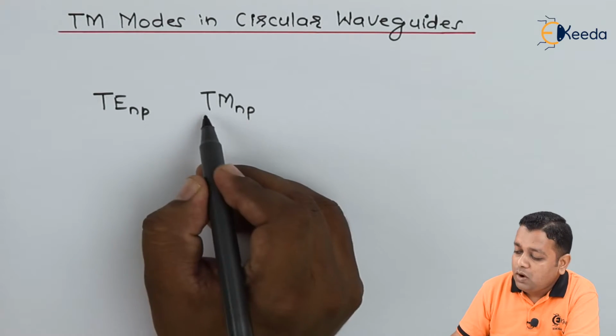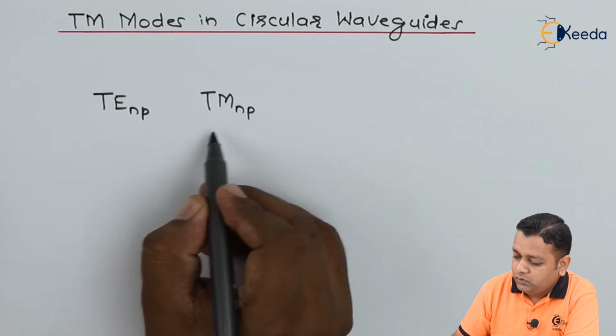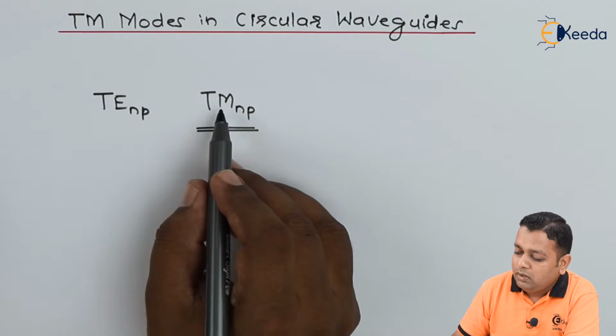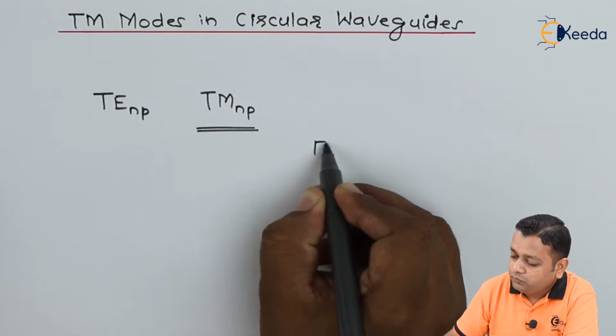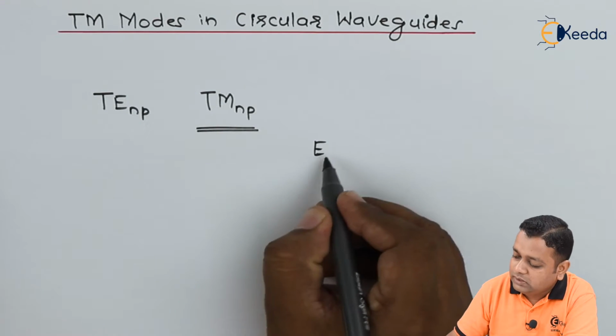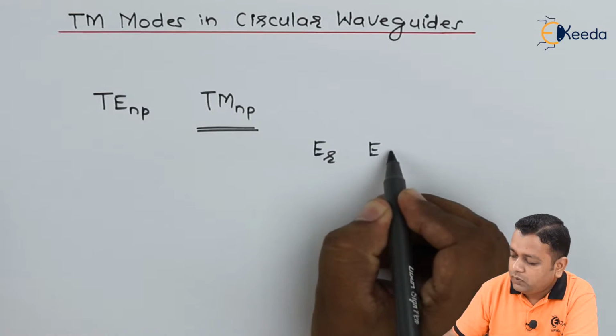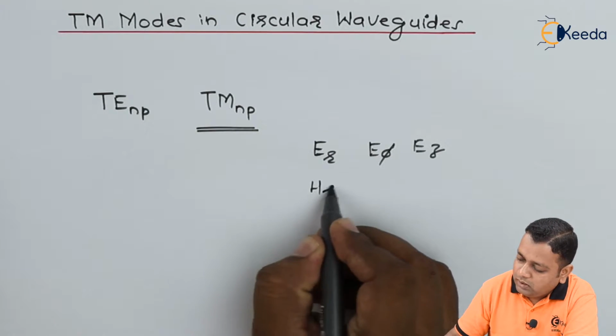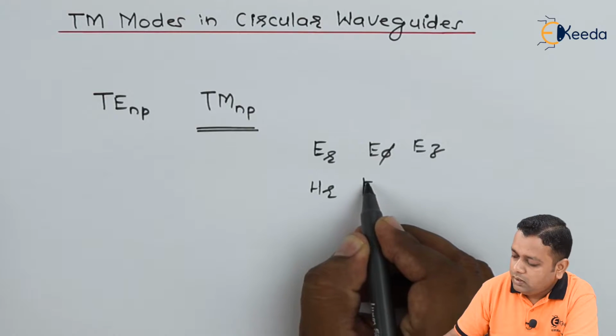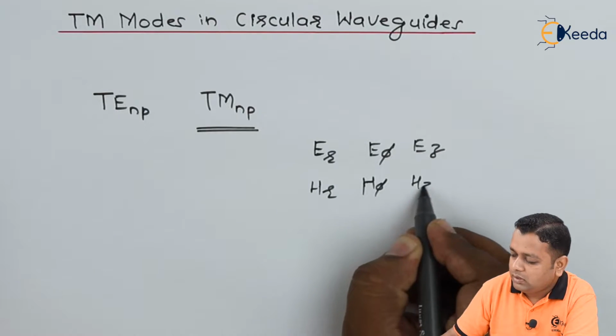Now, as we have transverse magnetic, for the electric and magnetic field components in the cylindrical coordinate system we have Er, E phi, Ez, then Hr, H phi and Hz.